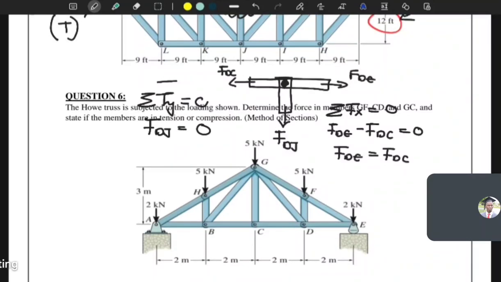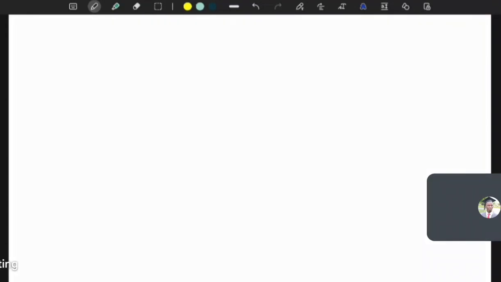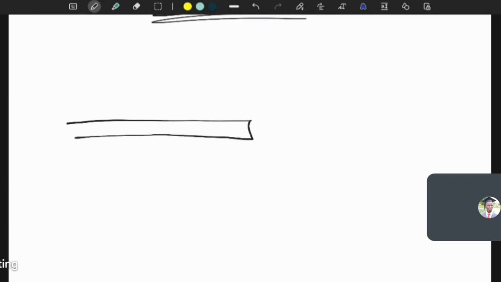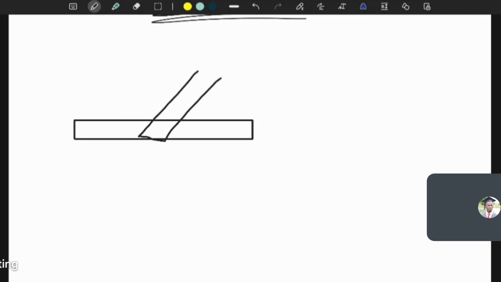The funny thing is, there we have seen mathematically to say that it comes out as a zero force member. But what I want you to observe is that if you have a member like this here, and then somewhere here, a member is connected. You have to observe that even in this case, as long as this is part of a truss, I'm saying this is part of a truss here.